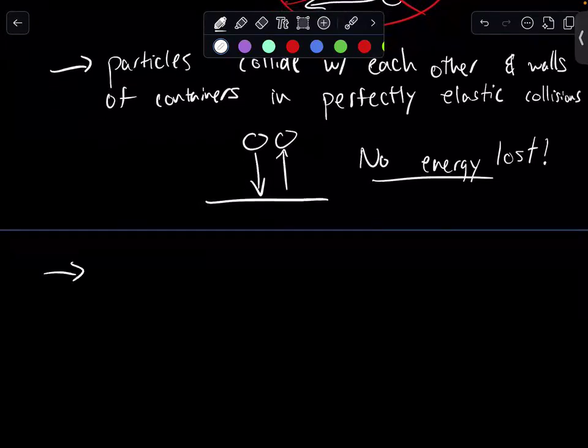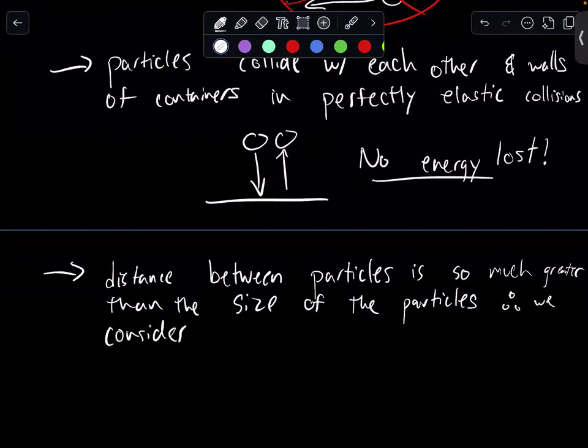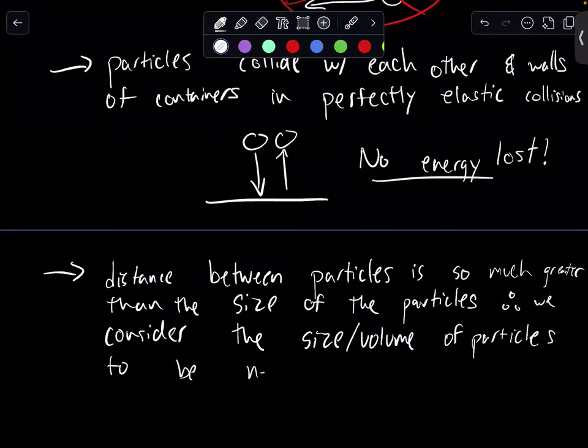All right. The next one is distance between particles is so much greater than the size of the particles. Therefore, we consider the size slash volume of particles to be negligible.